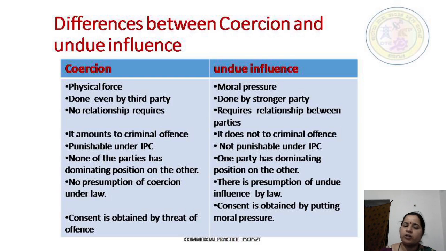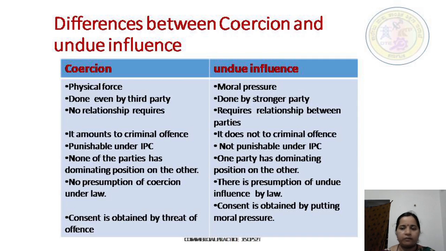In case of coercion, the aggrieved party can rescind the contract or avoid the contract. Again, he can claim for damages. ಅಂದ್ರೆ ಕಾಂಟ್ರಾಕ್ಟ್ ಅನ್ನ ಅವಾಯ್ಡ್ ಮಾಡೋದ್ರ ಜೊತೆಗೆ ನನಗೆ ನಷ್ಟ ಆಯ್ತು, ನನಗೆ ತೊಂದರೆ ಆಯ್ತು ಅಂತ ಡ್ಯಾಮೇಜಸ್ ಅನ್ನು ಪರಿಹಾರನೂ ಕೇಳಬಹುದು. ಬಟ್ ಇನ್ ಕೇಸ್ ಆಫ್ undue influence, aggrieved party can avoid the contract.